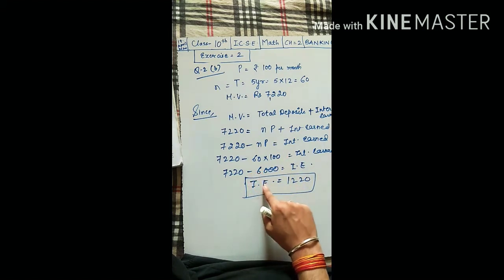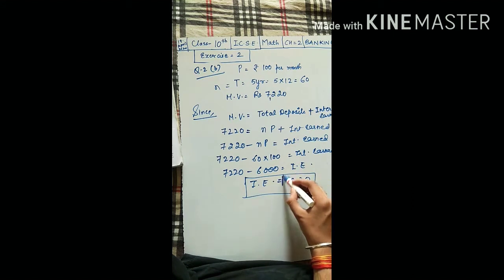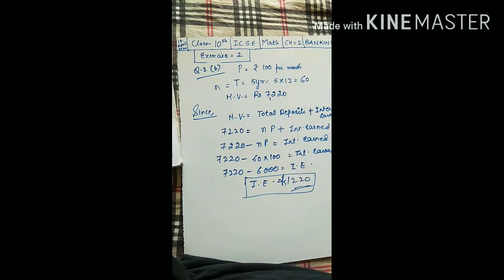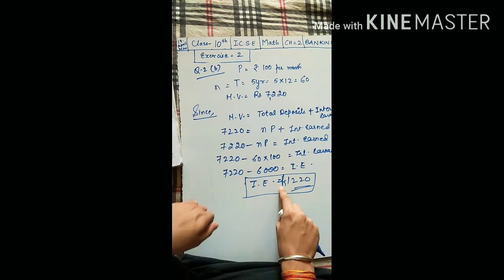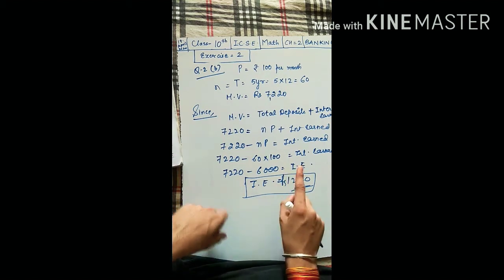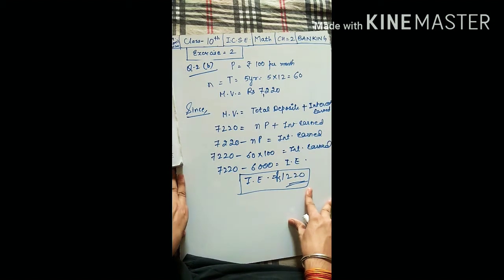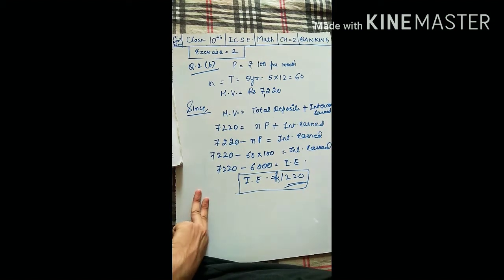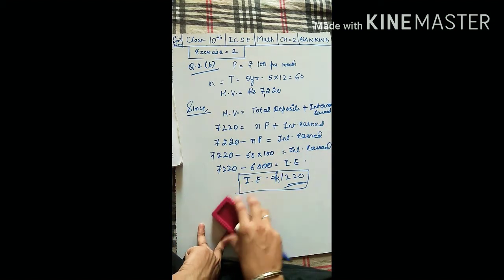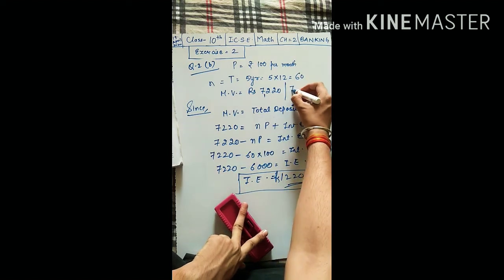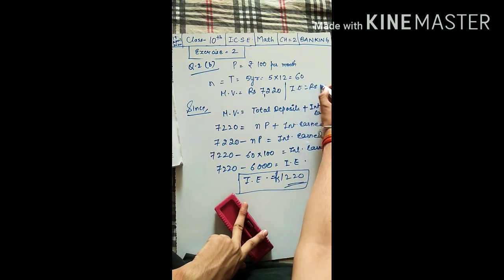This is the total interest earned, that is rupees 1,220. With this we have to find the rate of interest. So let us write: total interest is rupees 1,220.